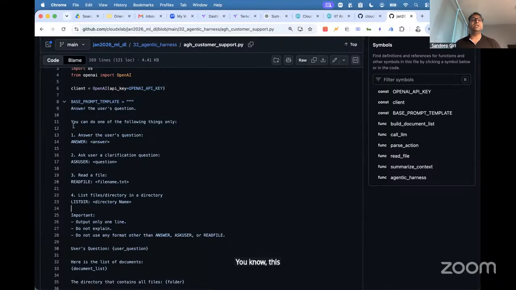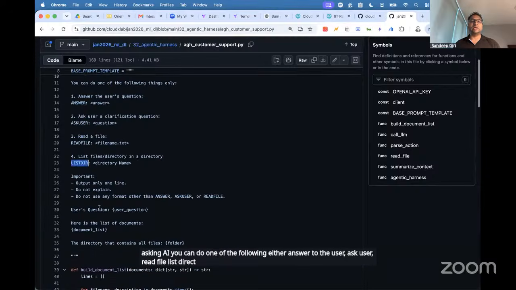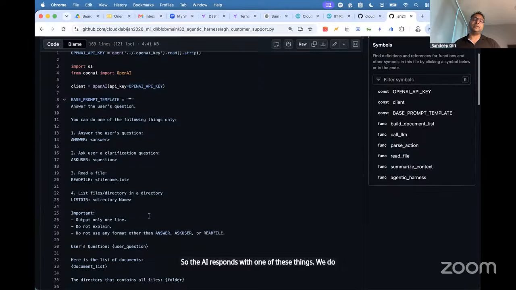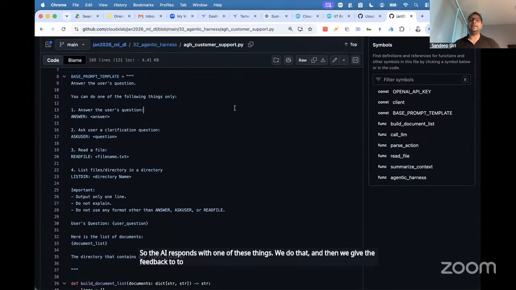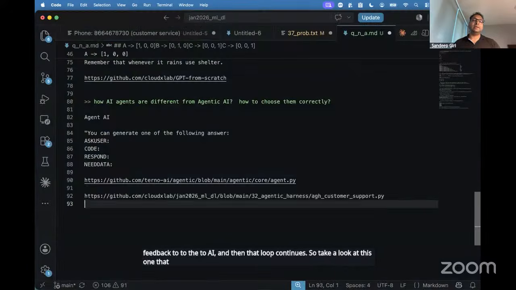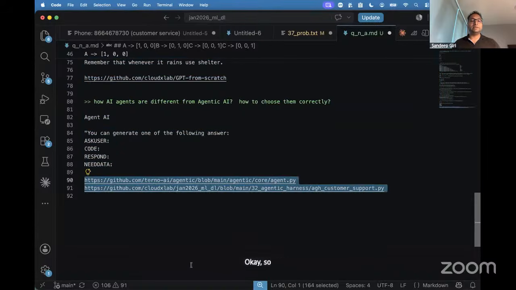This is the prompt. We are asking the AI, you can do one of the following: answer the user, ask the user, read a file, list a directory, and so on. And this is the user's question. The AI responds with one of these things, we do that, and then we give the feedback to the AI, and that loop continues. Take a look at this one, that'll give you a good perspective. I'm putting these links in the chat for everybody.